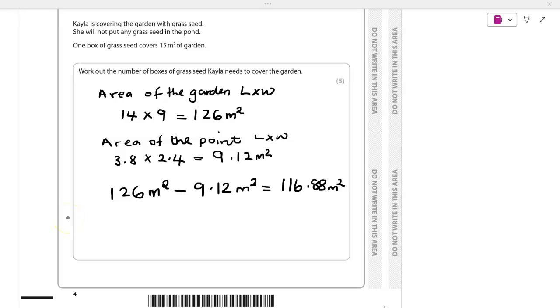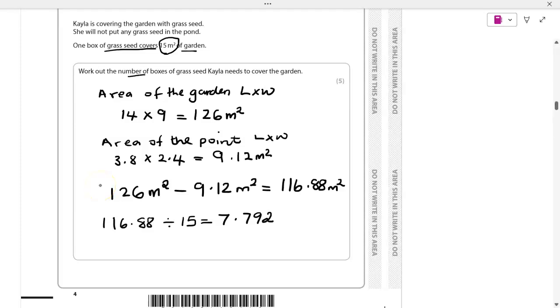Going back to the question, it says 1 box of grass seed covers 15 square meters of garden. So we come back, what we have is 116.88 divided by 15. If we put this in a calculator, divided by 15, this will give us 7.792.